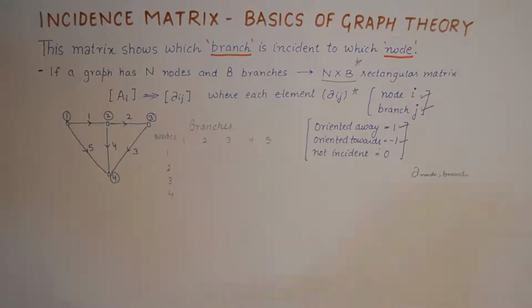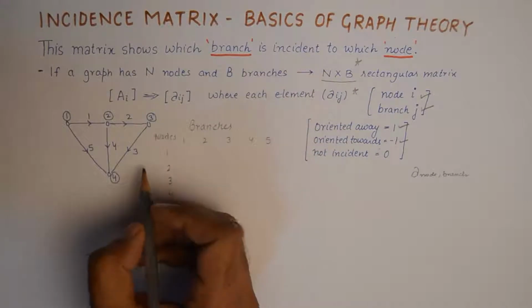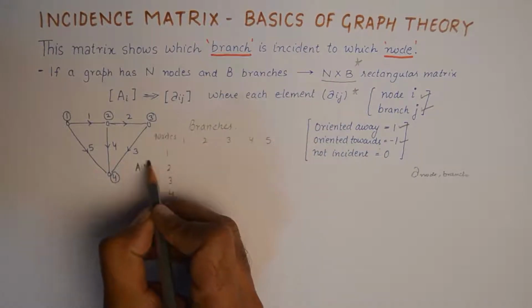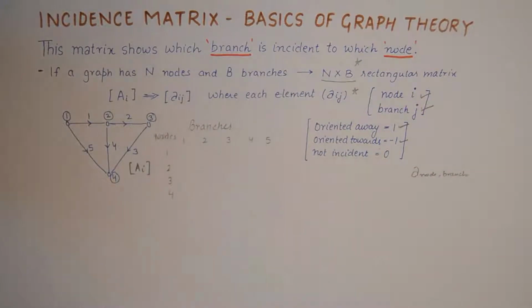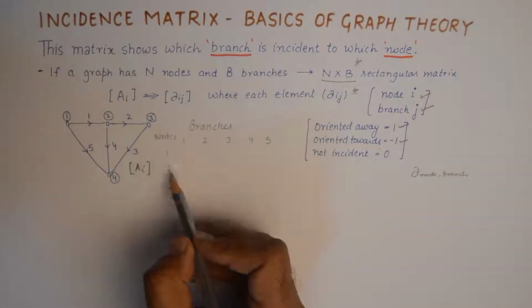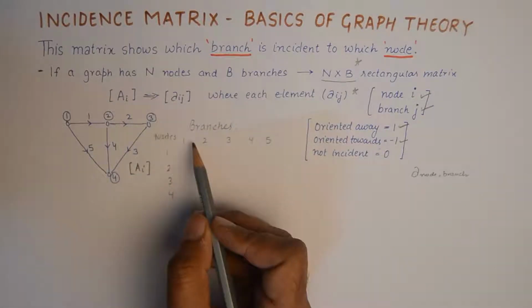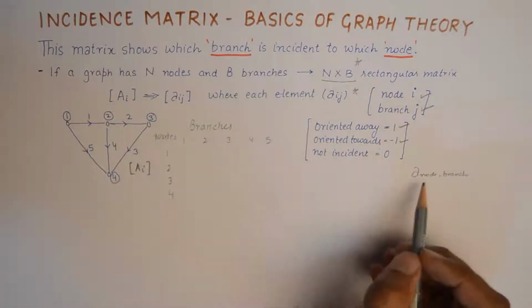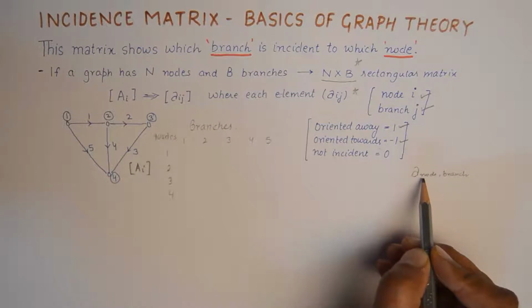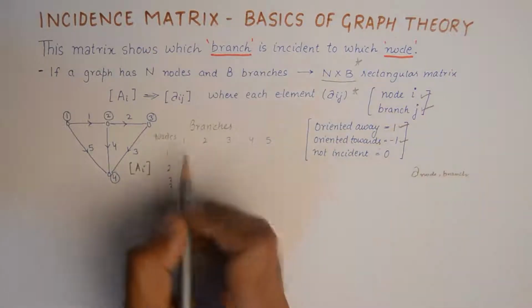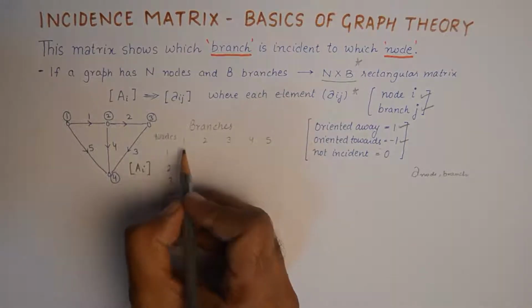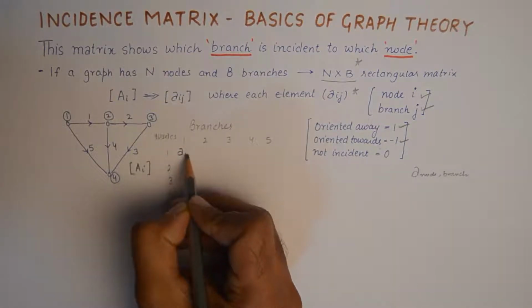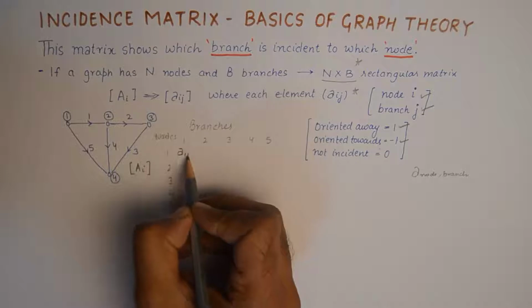So if you were to make the matrix AI, you can say that it is going to be a rectangular matrix of n into b. So number of nodes in this case are 4, number of branches are 5, and each element is going to be a, and then node and branch. For example, this element will be a_11, node 1 branch 1.